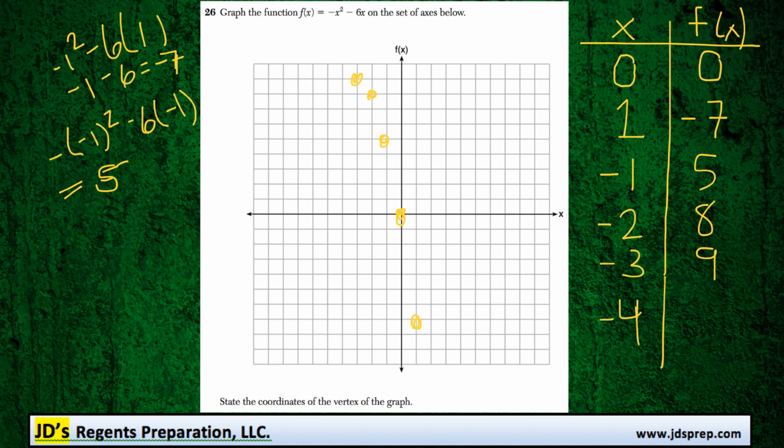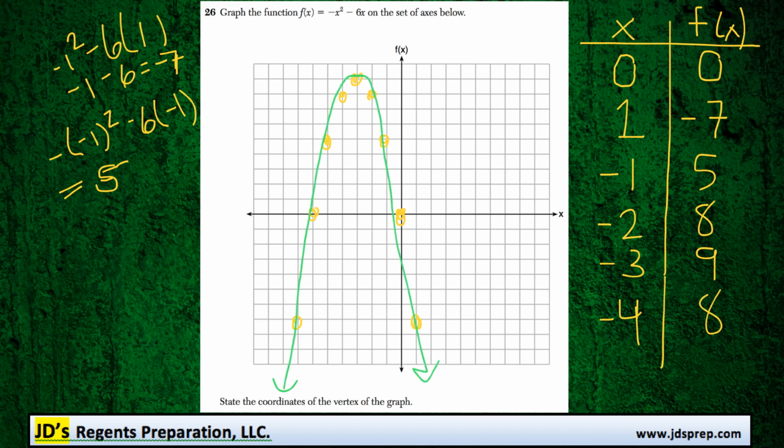Negative 4 gets you an output of 8. And I can already tell that this is going to form a mirror image of the other side. So it'll look just like that. So let's go ahead and connect these dots here.